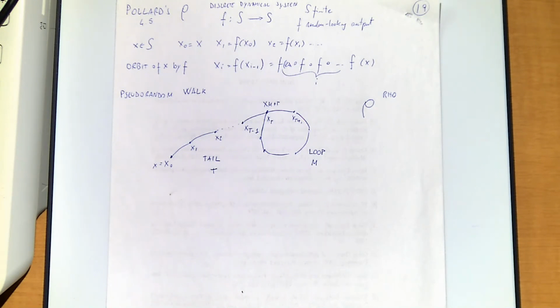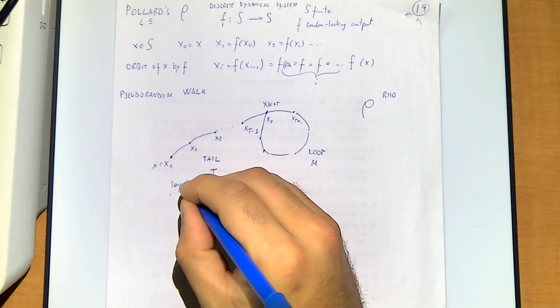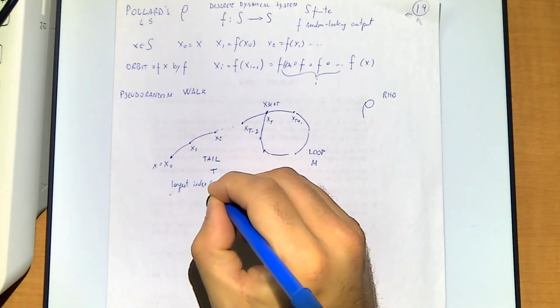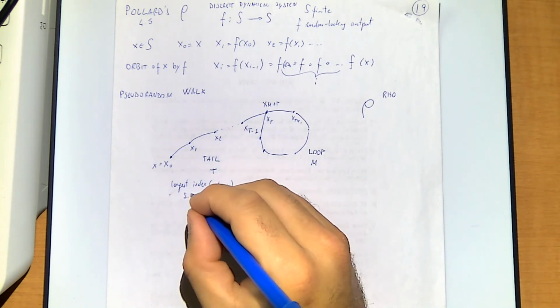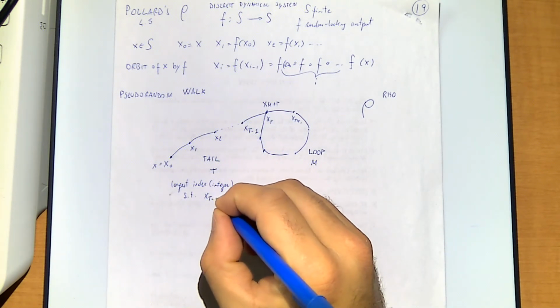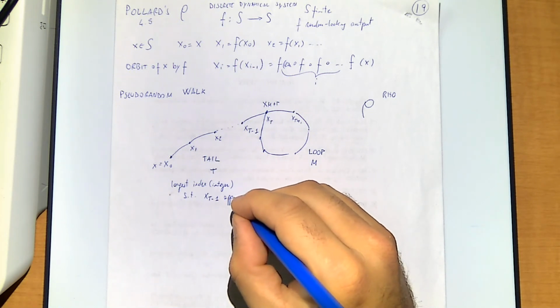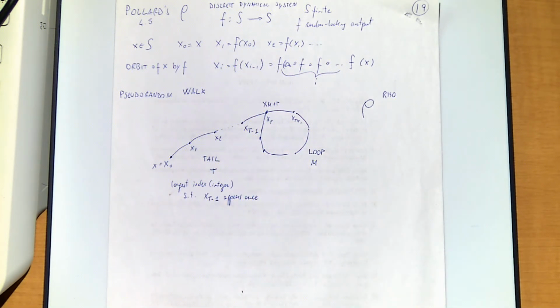Okay, so basically we draw out the orbit of the element x, and then we get a tail and then a loop. And the tail is of length t, the largest index, which is an integer, such that x t minus 1 appears once, right?